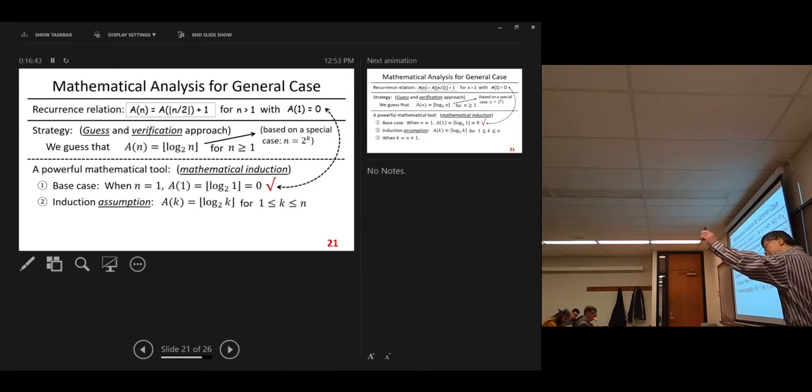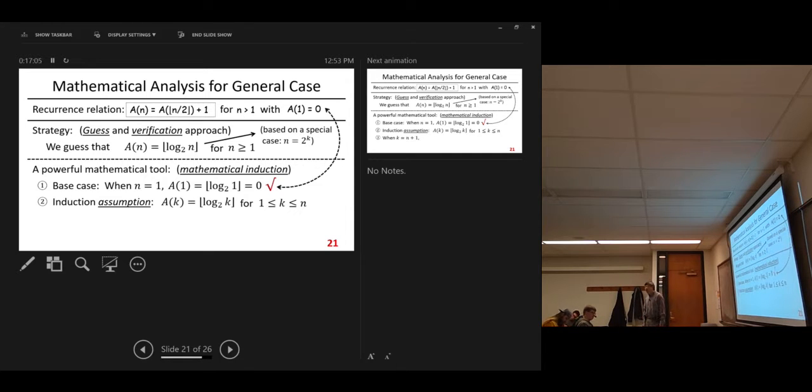For k between 1 and n, we can assume all these functions have this expression. That's the induction assumption. So that's our step 2.